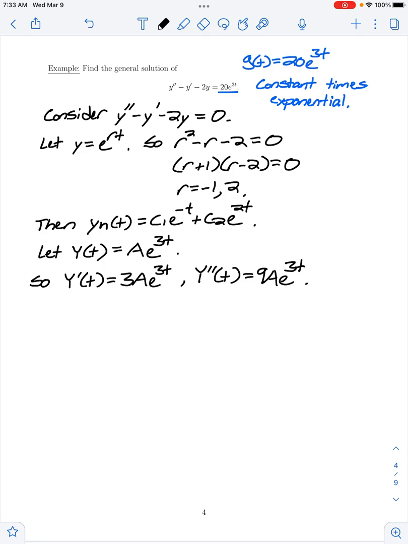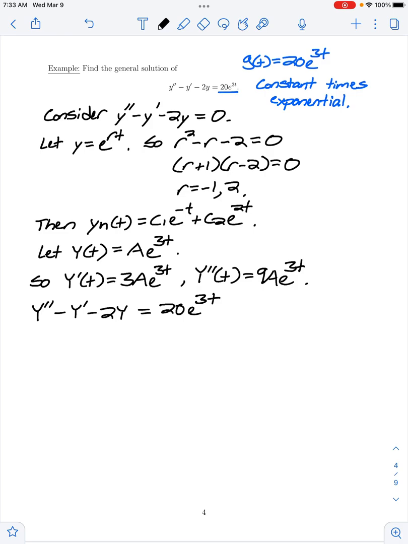So substituting into our non-homogeneous equation, we're looking for capital Y double prime minus y prime minus 2y, and we need this to equal 20e to the 3t to give me a solution of my non-homogeneous equation.